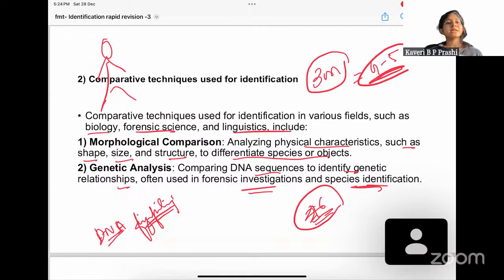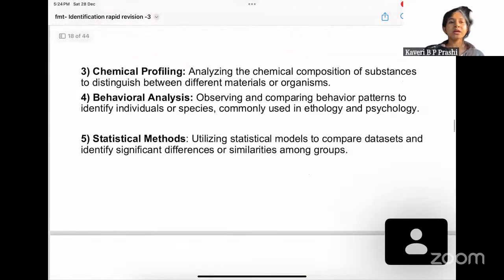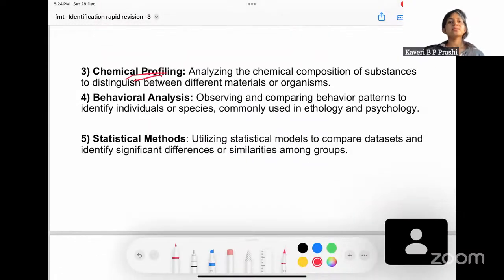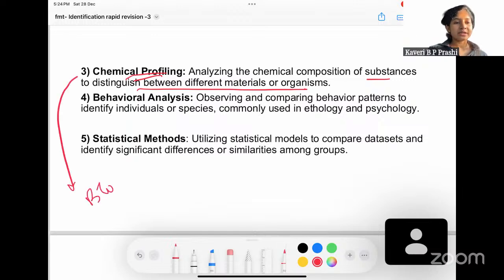So what are the 2 techniques? Morphological comparison, then we have genetic analysis. We even have some other techniques. So what are those? Chemical profiling. What do you understand by chemical profiling? Here, analyzing the chemical composition of substances to distinguish between different materials or organisms. So what are the chemical comparisons that we do? For example, if you do a blood examination, you're looking at certain components like hemoglobin, RBC, WBC.